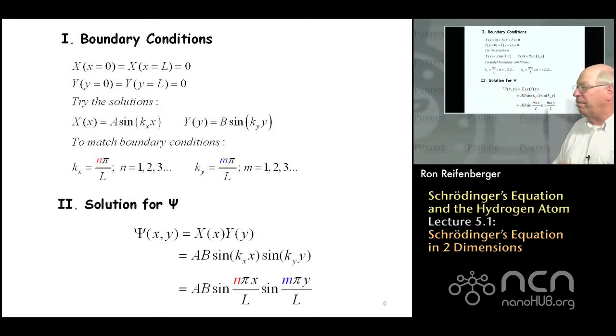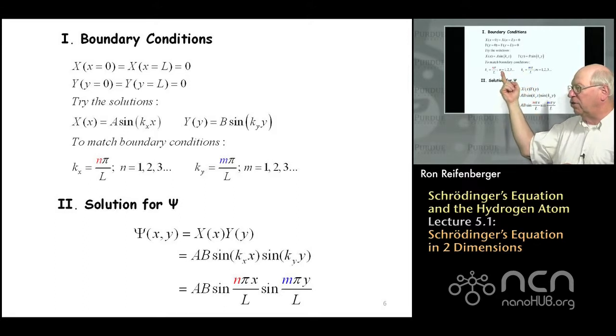And to make the boundary conditions precisely true, the constants k_x and k_y have to be quantized, right? They have to be quantized such that an integer n times pi over L is equal to k sub x, and another integer m times pi over L is equal to k sub y.